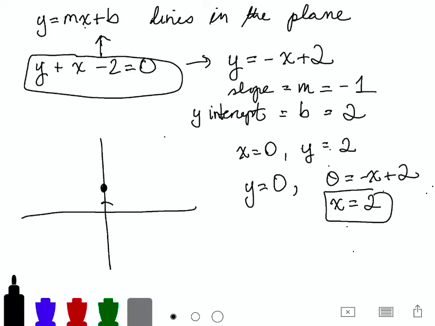So when y equals 0, x equals 2. And we get this line. So this is the line represented by this equation.